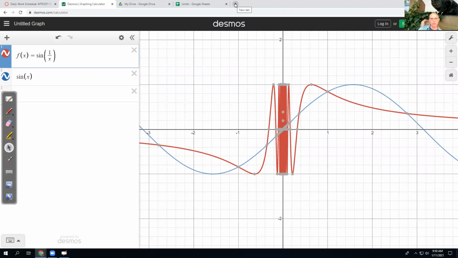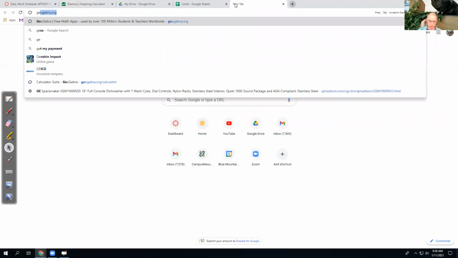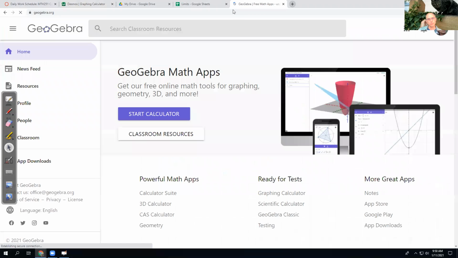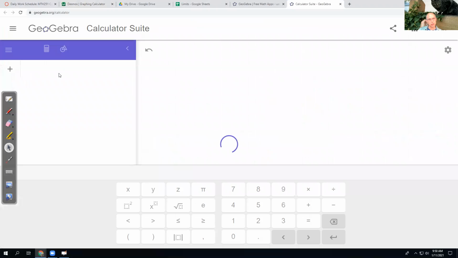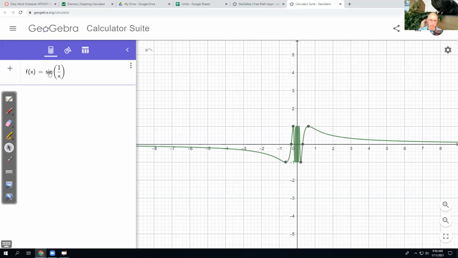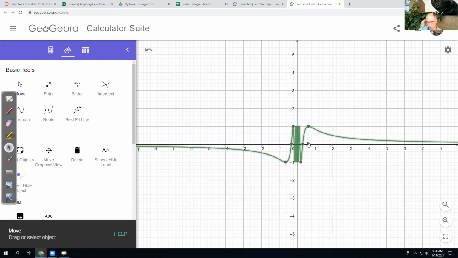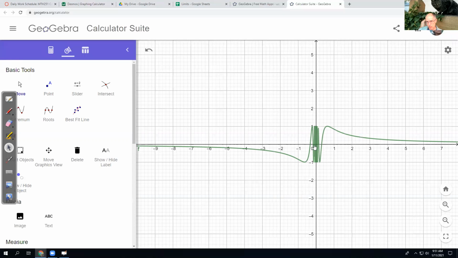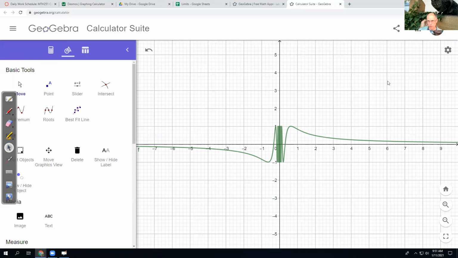And let me see, GeoGebra might do a better job of graphing this, because I can stretch the axis in a slightly different way. Let's see, how do I do that here? I switch to the move tool, and then I think I can just grab the axis.